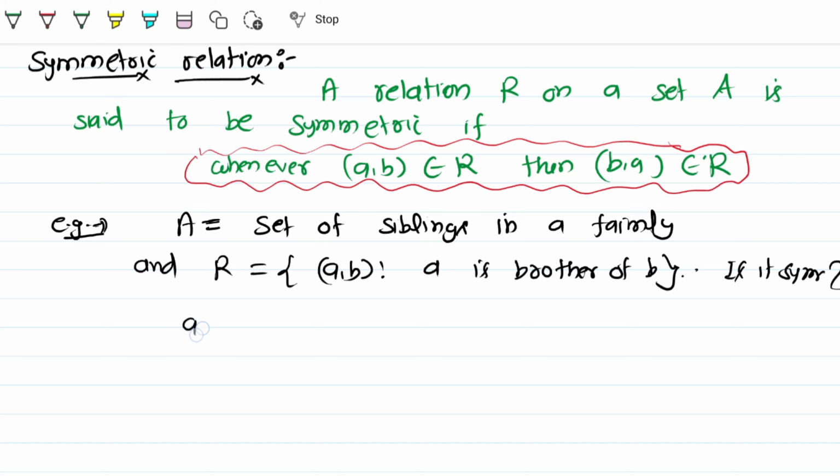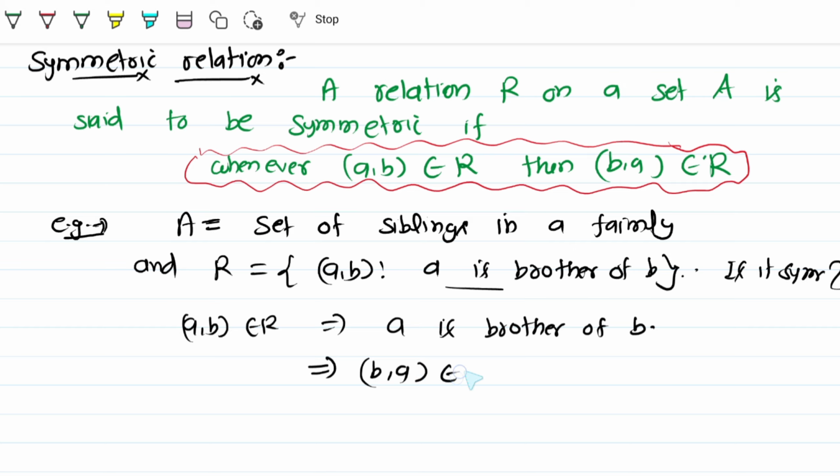Okay, suppose A comma B belongs to R. It implies A is brother of B. So can I say from here B comma A also belongs to R? Tell me. If A is brother of B, it means A surely is a male. But B may be male or may be female.